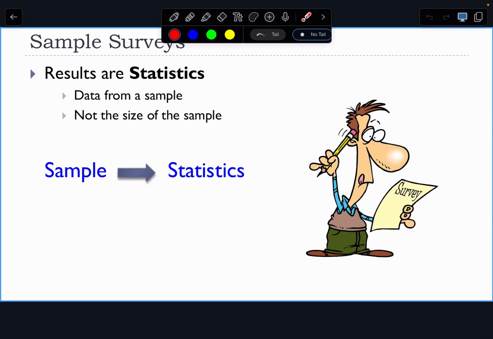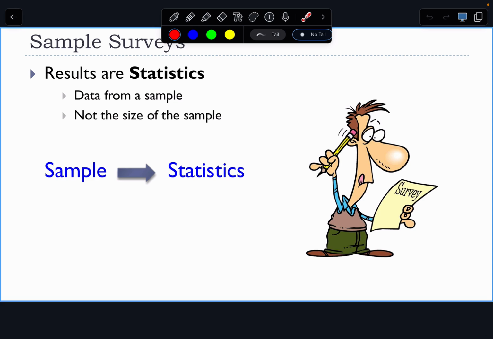When I collect information from a sample survey or from an observational study or from an experiment, as we're going to talk about in a little bit here, once I gather my information from my sample, I'm going to be measuring some response. And that response is going to measure something where I'm going to get a value that's called a statistic. It's an estimate of that population value. So if I wanted to know what the average height of students at this high school was, I'm not going to go to all 1,900 students, measure their heights, and calculate the actual average.